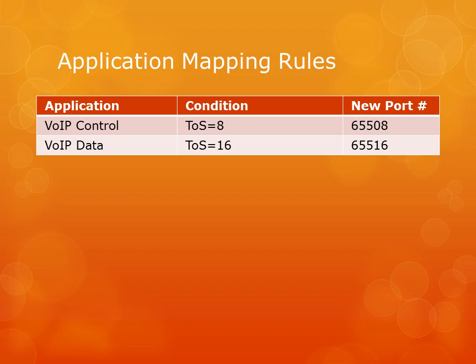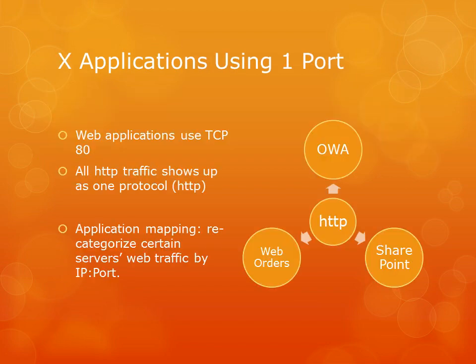And then my VoIP data rule would say if TOS equals 16, classify it as 65516. Now this means that all my VoIP traffic, regardless of whether the original port was 5000, 5002, 5004, it's all going to show up as 65508 or 65516, depending on whether it's control or data.